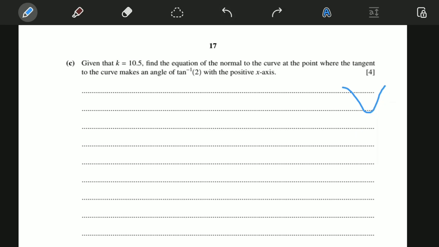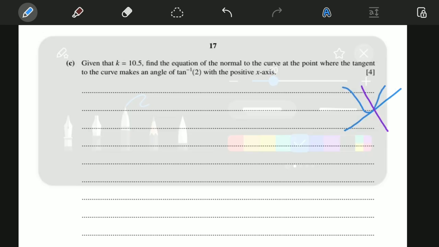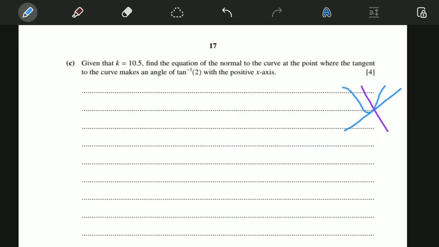Here we are talking about a normal, a tangent and a curve. So the equation of normal is what we need to find. So it must be any line like this. At a point where the tangent to the curve makes an angle of this, where this is your tangent, makes the angle of tan inverse of 2.